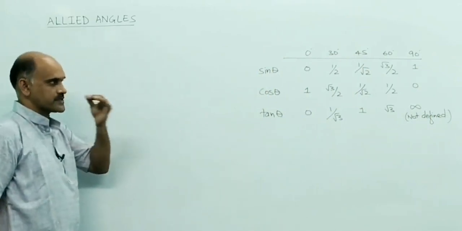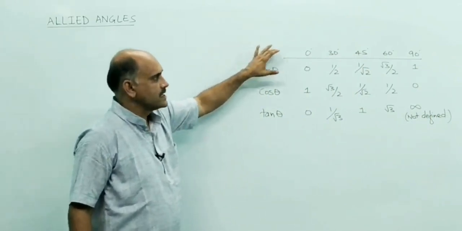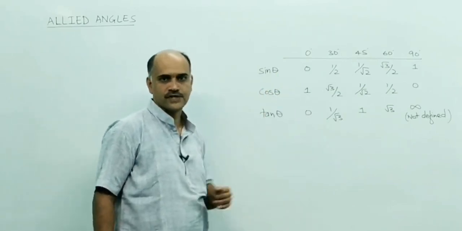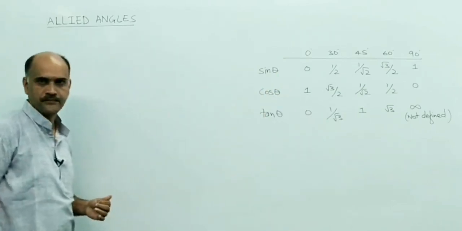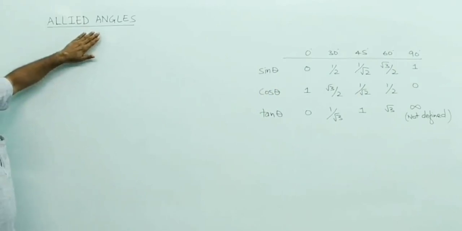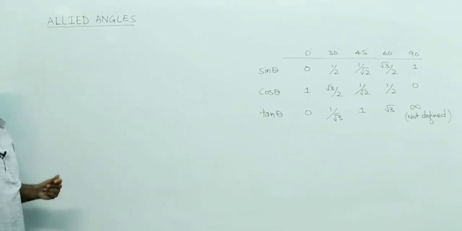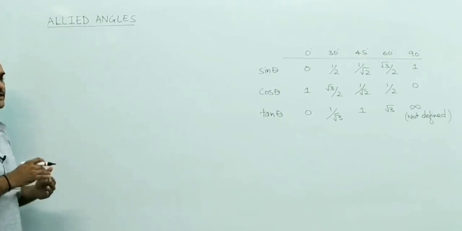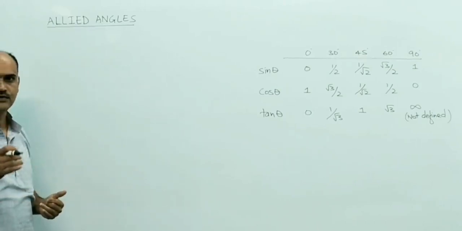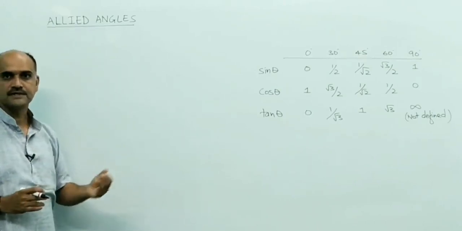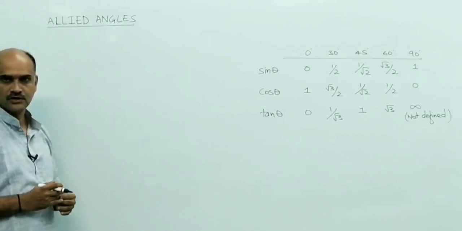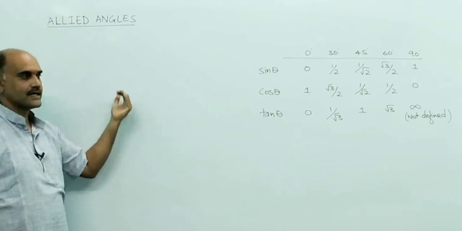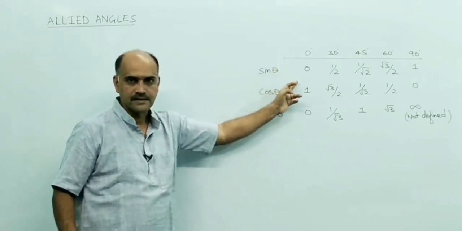Now, here if you observe, the angles you had in the previous class, that is 10th standard, were less than 90 degree. Now, in this section, allied angles, you will be having angles greater than 90, like 120, 150, 240, 330, 360, etc. So there will be a relation between the angle greater than 90 and these angles.